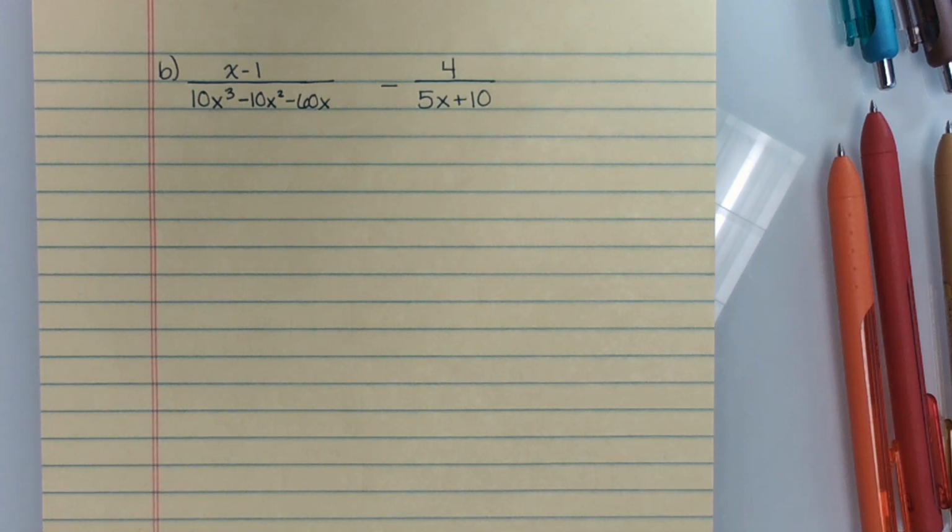Subtracting. I need a common denominator. I don't have that. To find the common denominator, I start by factoring. Top, bottom, or both. Bottom of the fraction.